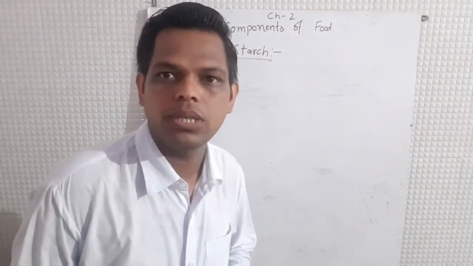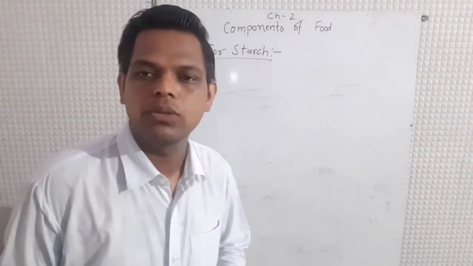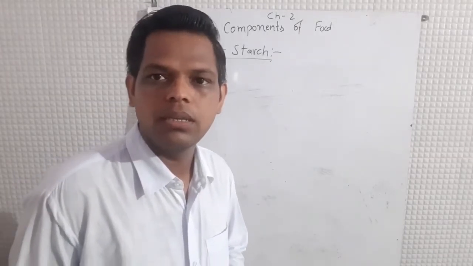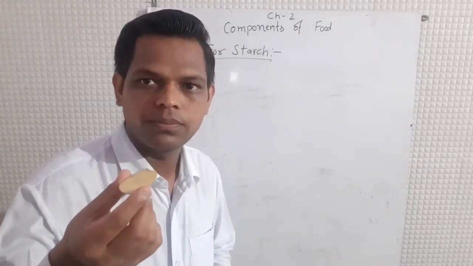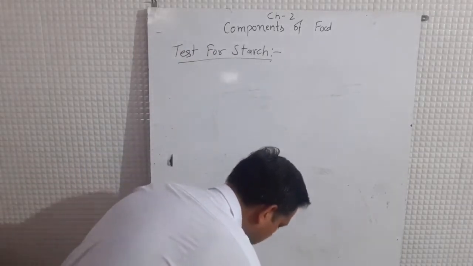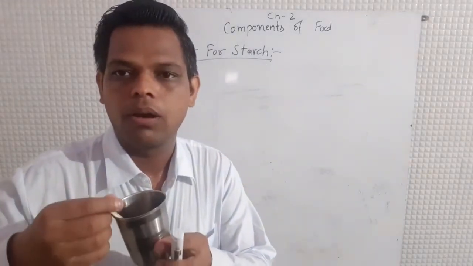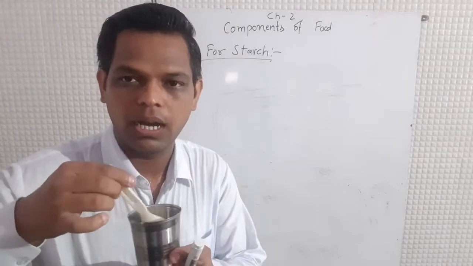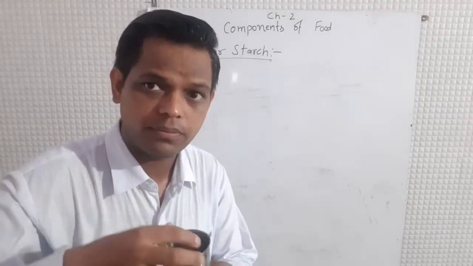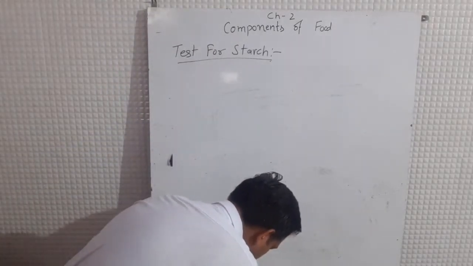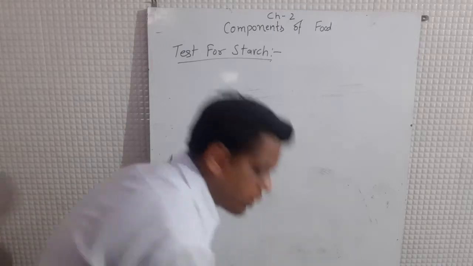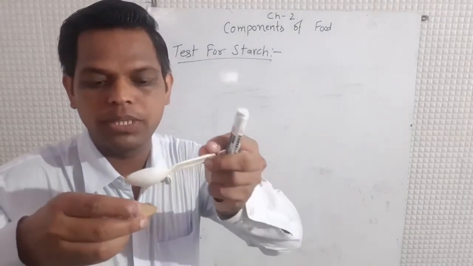Now, the test for starch. Take a small quantity of the food item that is to be tested, say a piece of potato. Prepare your own iodine solution by dissolving 1 teaspoon of salt in half a cup of water. Now put 2 to 3 drops of iodine solution over the piece of potato.